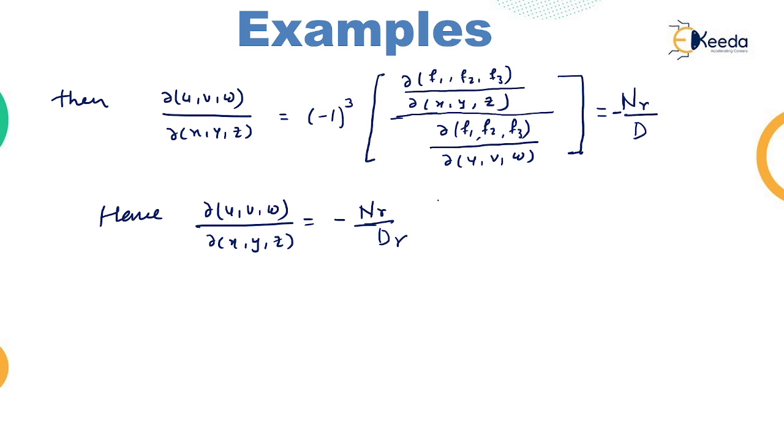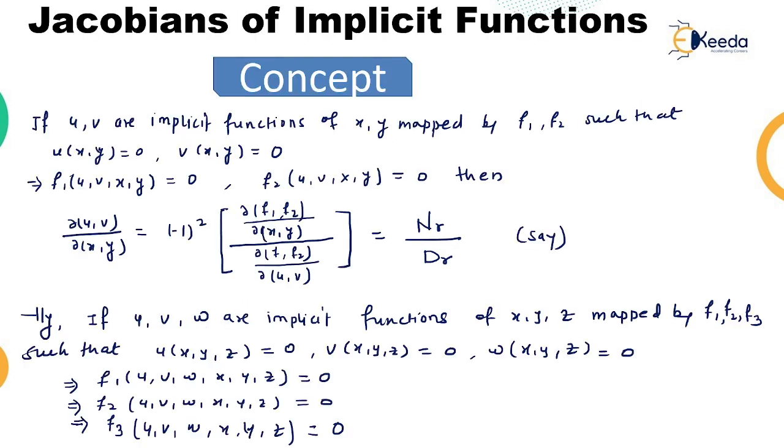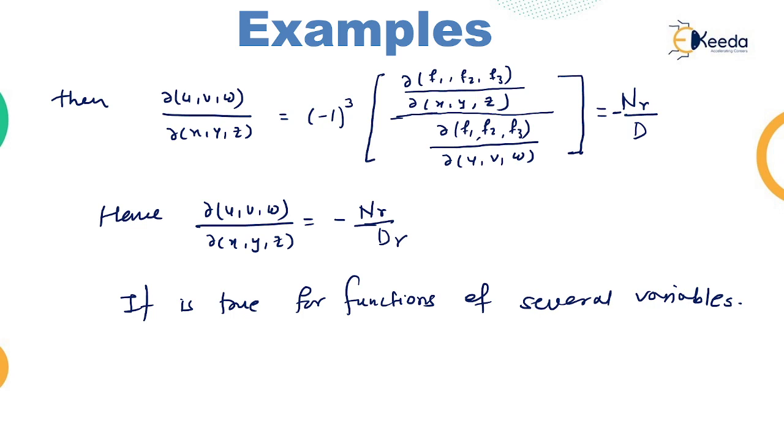Is it true for functions of several variables? Yes, it is true for functions of several variables. I hope you understand this concept of implicit function. Now let me start an example on implicit function.